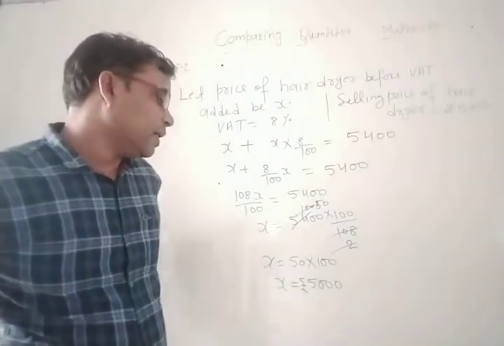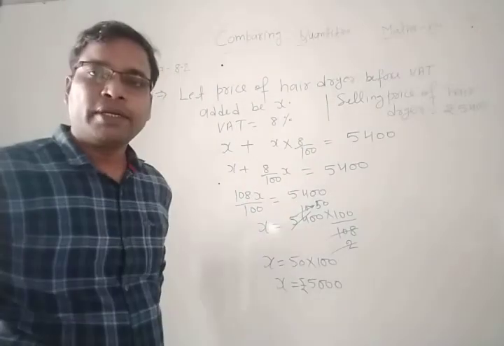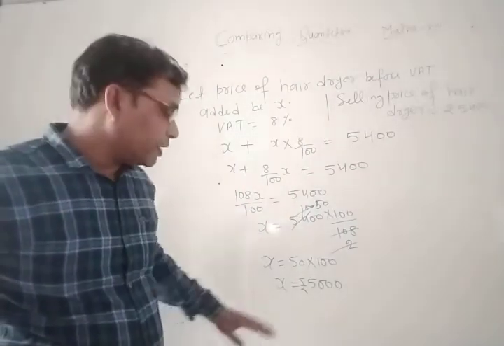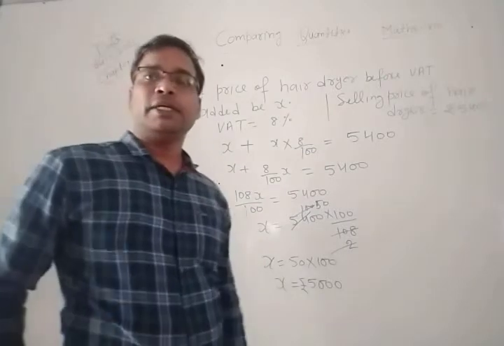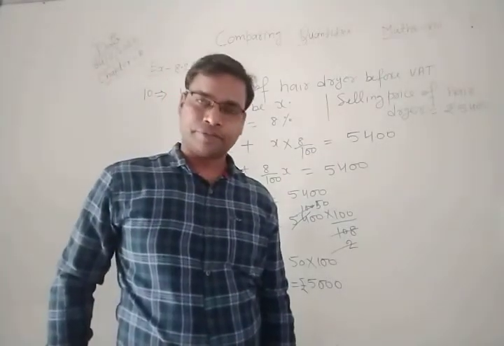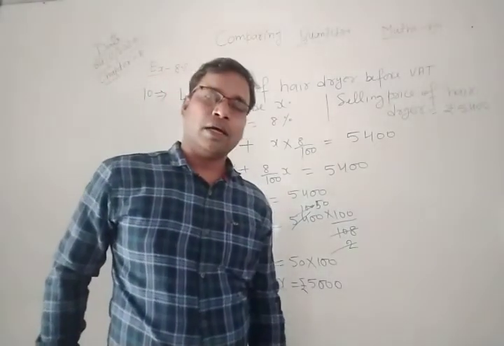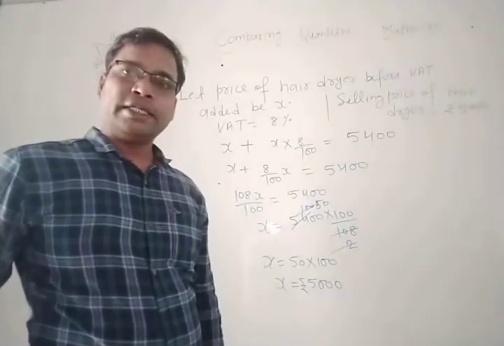If you multiply 50 into 100, then you obtain what? 5000. What is the 5000? 5000 is the price of hair dryer before VAT is added. Okay.